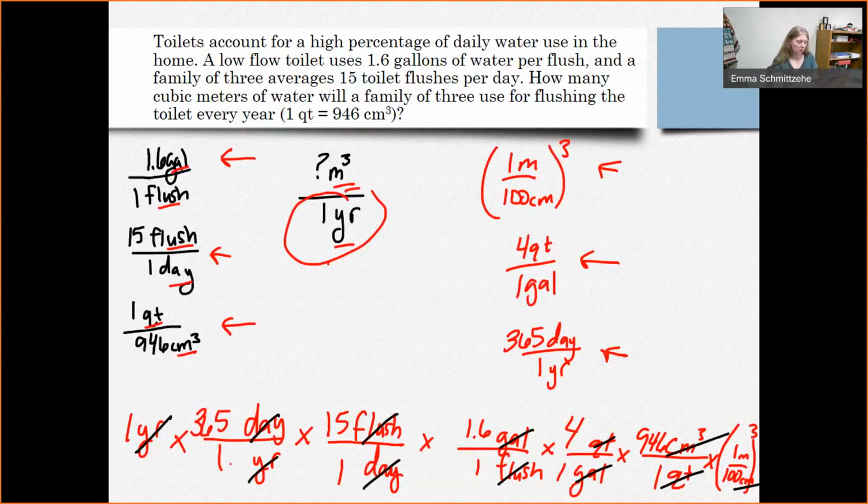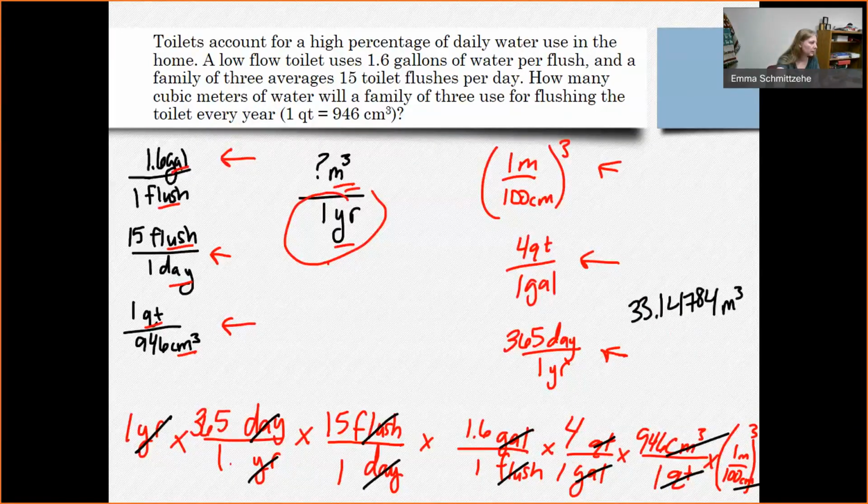So 1 times 365 times 15 times 1.6 times 4 times 946 divided by 100 cubed. It looks like I get from the calculator 33.14784 meters cubed. And with that, analyze sig figs.